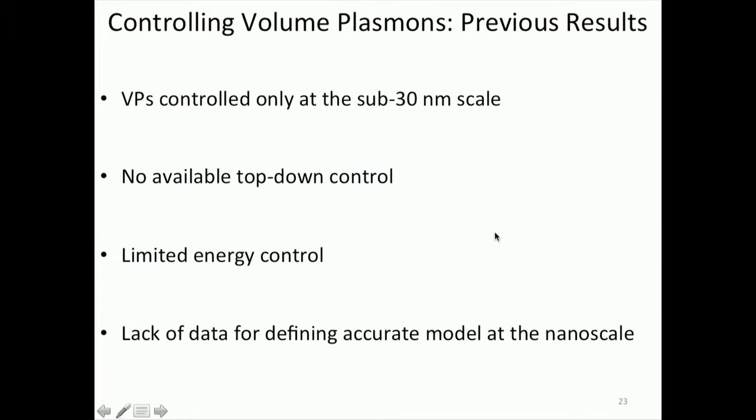We have not found available top-down control, such as lithography, to control these resonances. We've seen very limited energy control, about 1 eV of energy shift when the volume plasmons are confined. Furthermore, because of this limited data, there's some uncertainty on the reason why this happens.